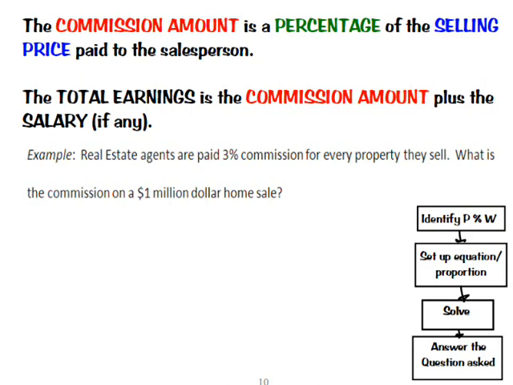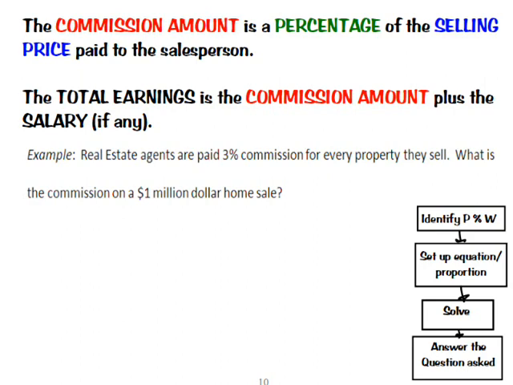Their total earnings then is whatever they make in commission plus any salary they might make. They might make an hourly wage regardless of how much they sell. Real estate agents, for example, typically do not earn a salary, but they do earn commission for every home or other type of property they sell, and it's usually 3%.